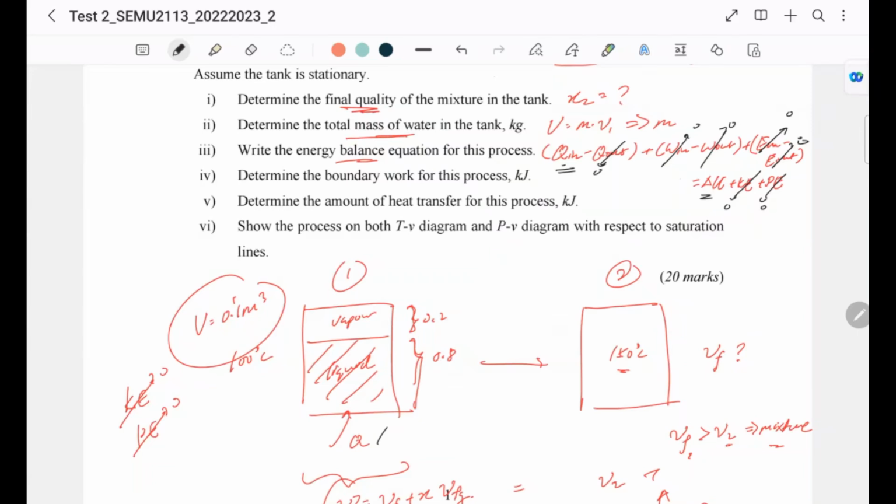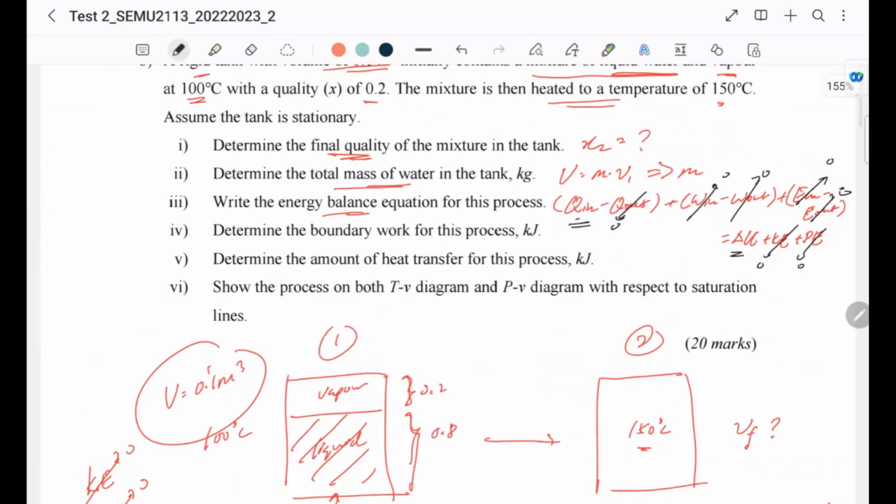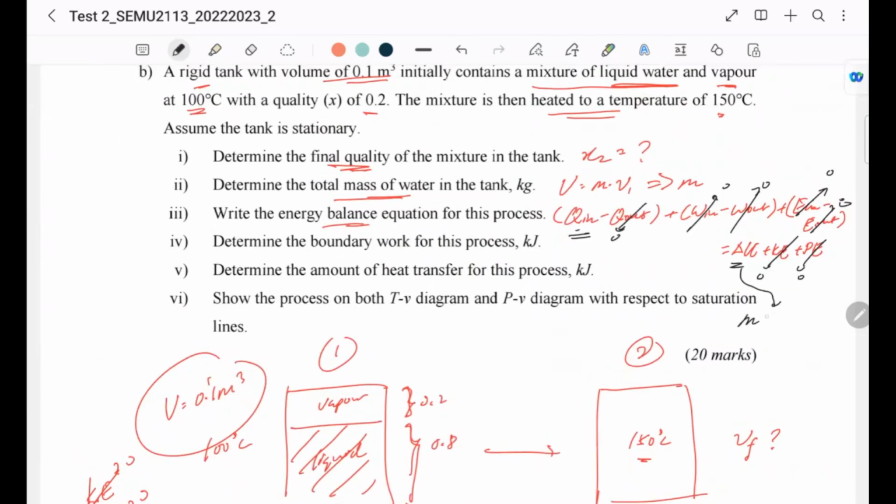And delta U basically equal to m multiplied with delta u, the change in internal energy between 1 and 2.